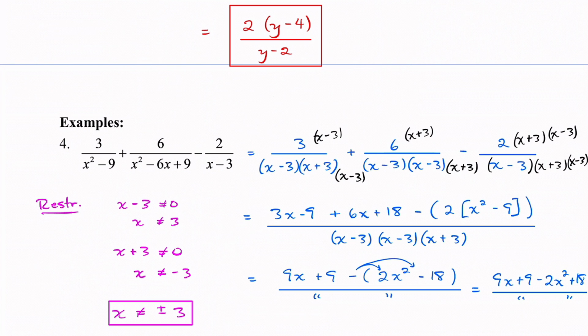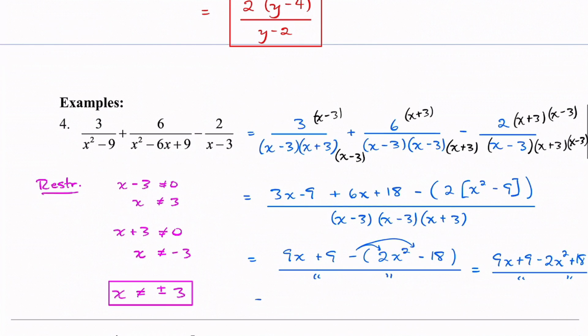So the only thing left I can do is this 9 and this 18. I can put those two together. So let's do that here. We got the minus 2x squared, we'll write first. Then we had a 9x, we'll write that second. And then the 9 and the 18, putting that together, we're going to get 27. And then all of that is being divided by that same common denominator.